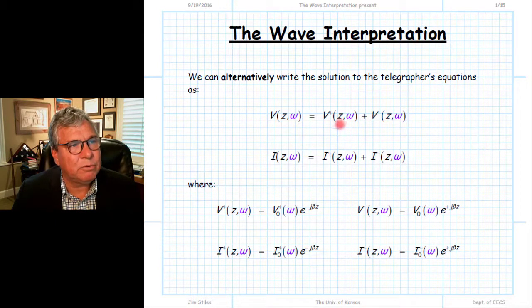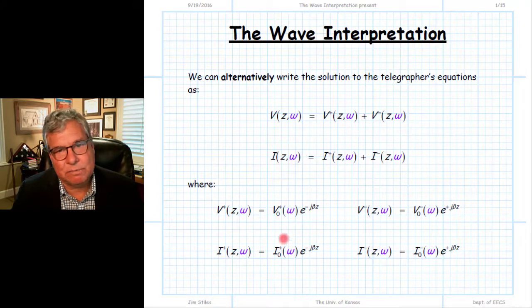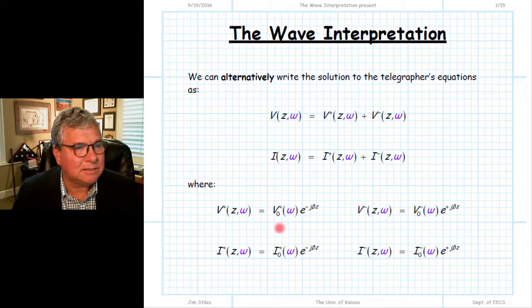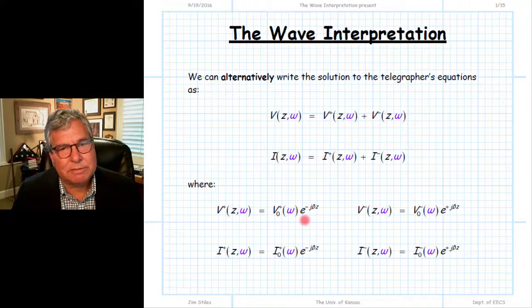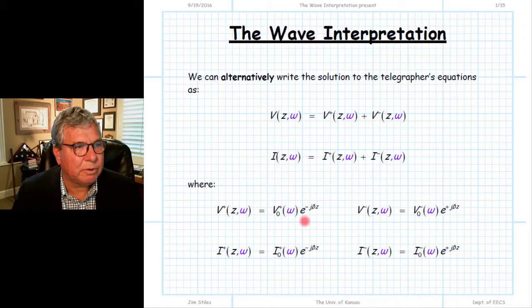I'm going to replace the math of each of those two terms with a more general form. The first term I'm going to call V plus, and the second term I'm going to call V minus. Looking down here, V plus is that first term, V0 plus, this complex wave amplitude, this complex constant that we talked about, multiplied by the first solution for the telegrapher equations, which is e to the minus j beta z.